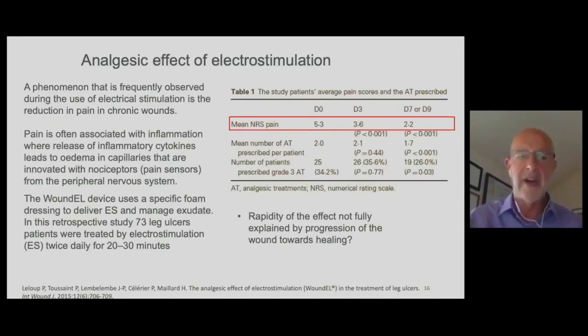And the capillaries are innervated with nociceptors, that's pain receptors from the peripheral nervous system. So if, as we've seen earlier, electrical stimulation can enhance the process of wound healing, perhaps it reduces inflammation, and that's how you get reduced pain.